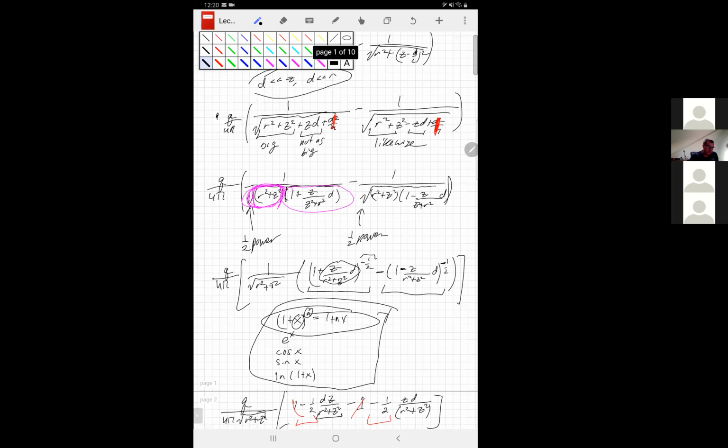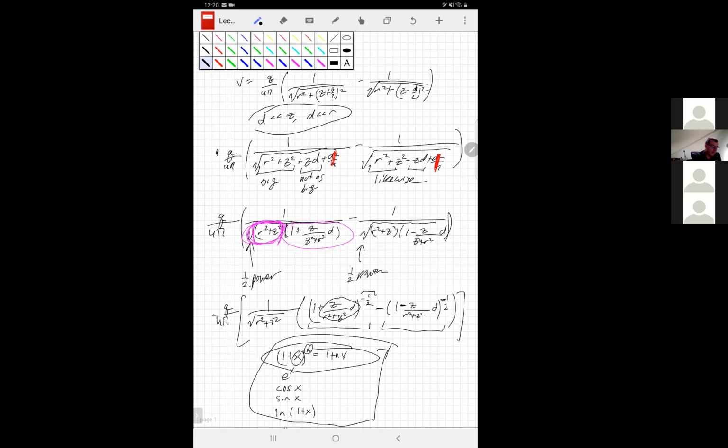But for this problem, it'd be better to recognize that we've got something big plus something tiny. So the first thing we do is write it all out. We can't completely get rid of d. If we completely get rid of d, then there's really nothing to say because we wind up with something that doesn't depend on d. But because d is much less than z, we can keep z times d and get rid of d squared over 4.